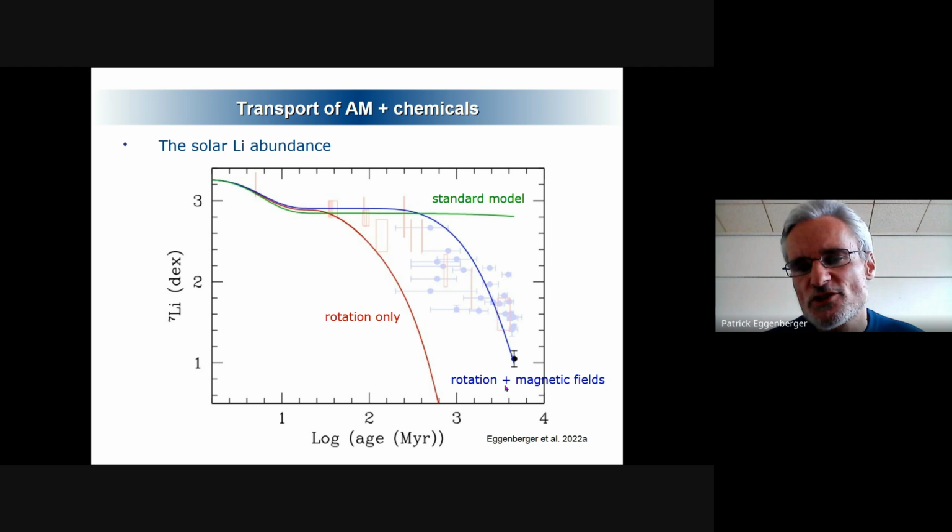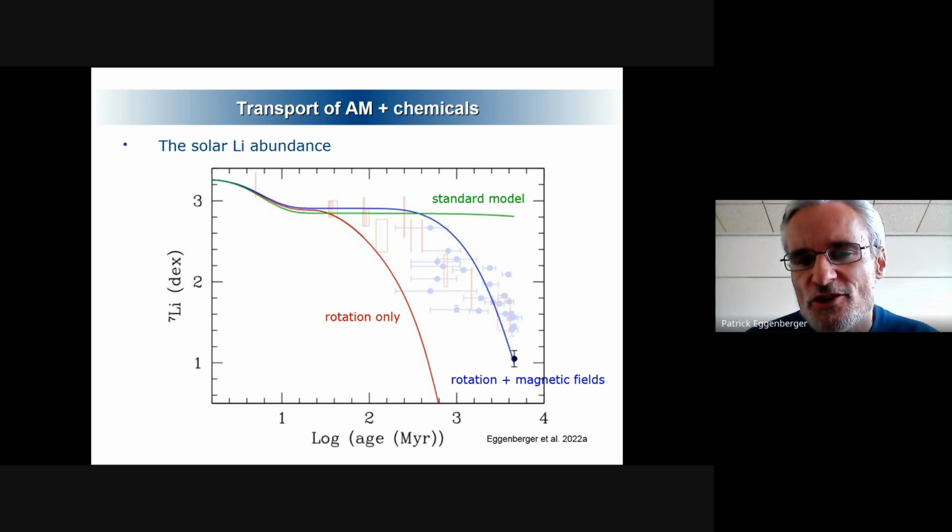While with both rotation and magnetic field, we are able to have something intermediate, where we have a differential rotation, but it is very moderate, and so this introduces a small transport of chemicals that is able to reproduce the lithium in addition to reproducing, as we have seen before, the rotation profile as deduced from helioseismic data.